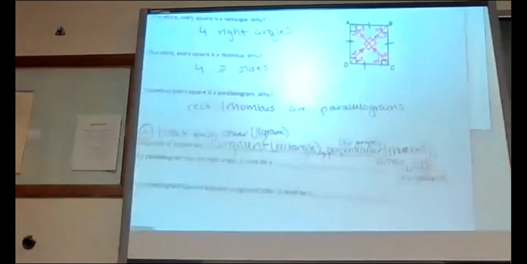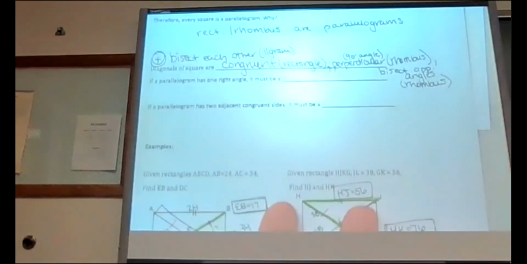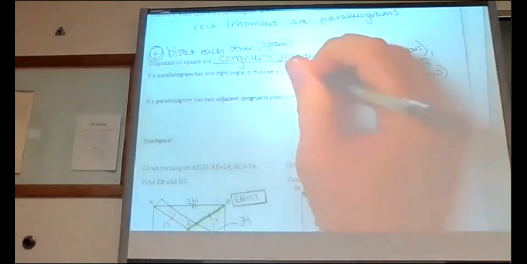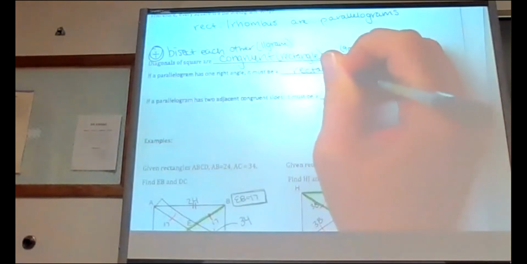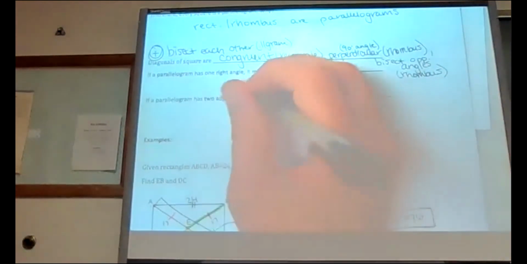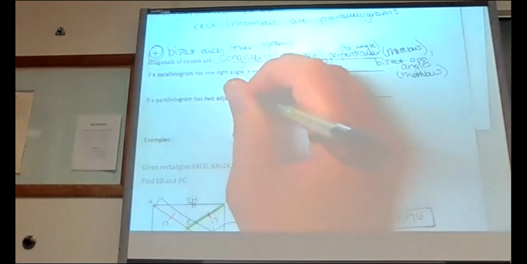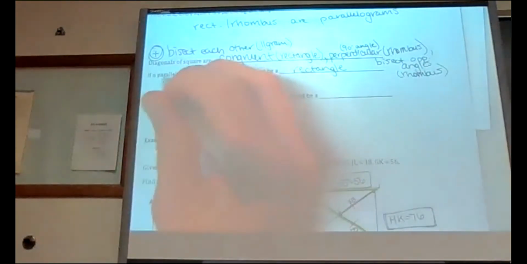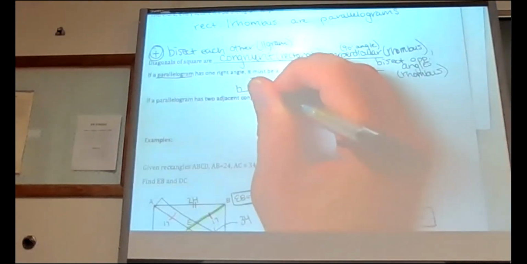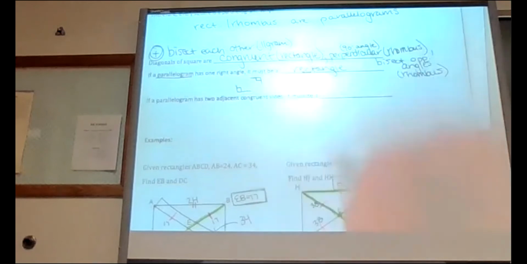Now, if I know that I have just one right angle in my parallelogram, then it must be a rectangle. Now it could be a square, but I don't know that it's a square. If I have one right angle, I'm gonna start it off. There's my one right angle. Well, if it's a parallelogram, I know that the opposite angle is gonna be the same.